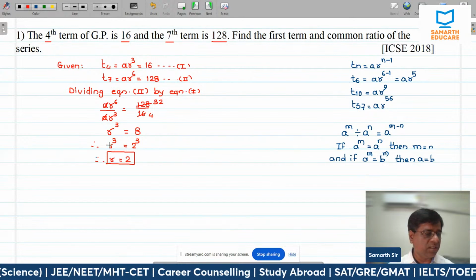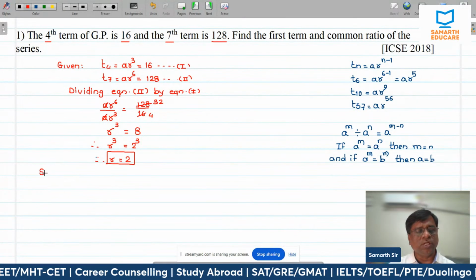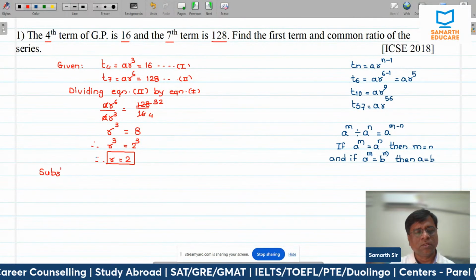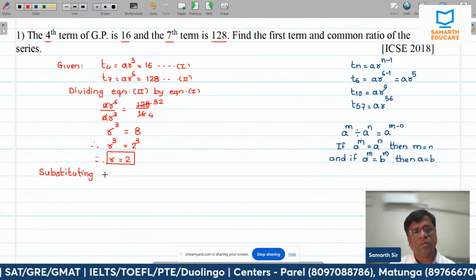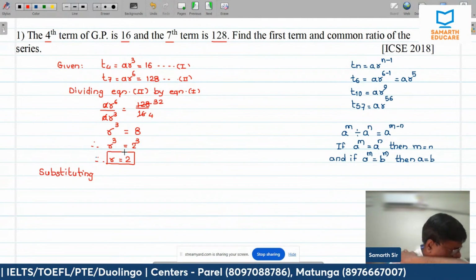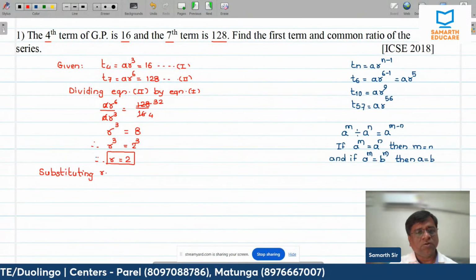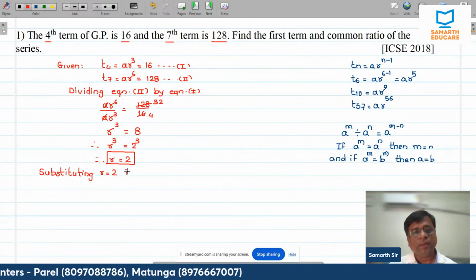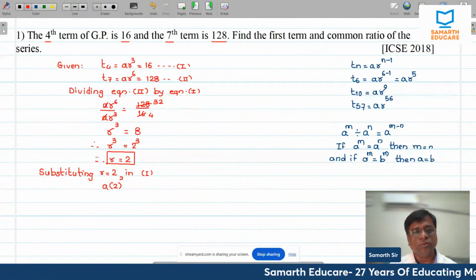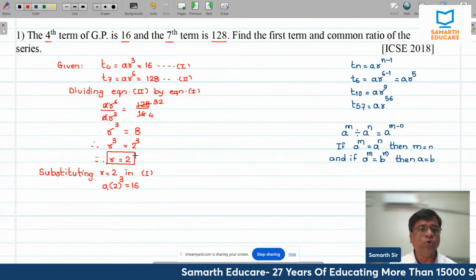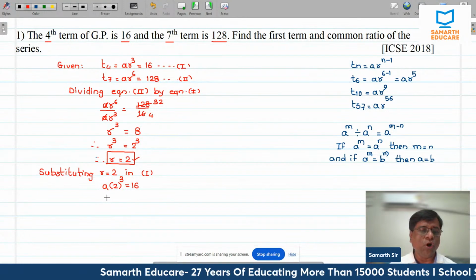I still require the first term. Substituting r is equal to 2 in equation 1: a times 2 cube is equal to 16. I told you every time the ratio will be 2 or 3.